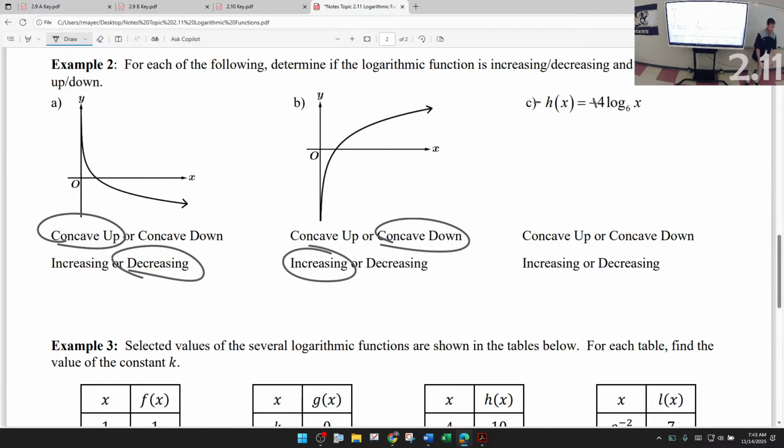What were negative y's are now positive y's, and that's how I realize that it flips it over the x-axis. Sometimes I get a little confused over which way it gets flipped. Okay, so if that flips it over the x, it's now no longer a regular one. It's going to be one that does this. So this one's decreasing, concave up.